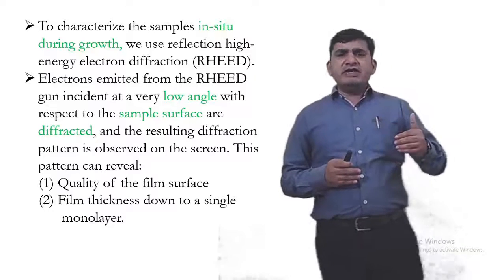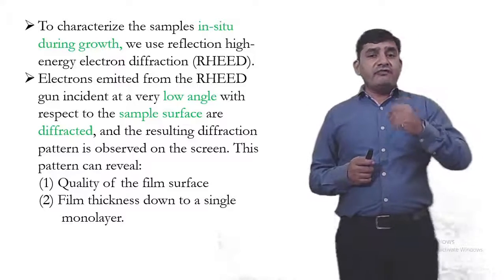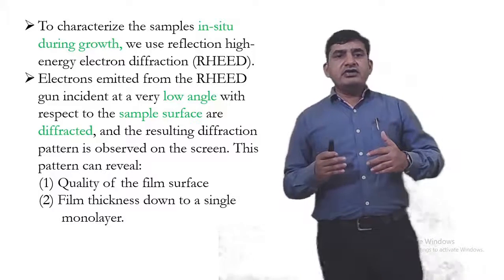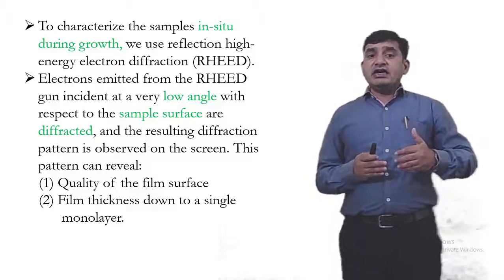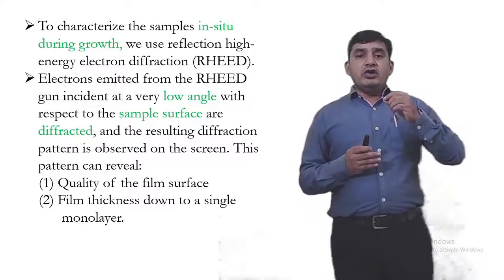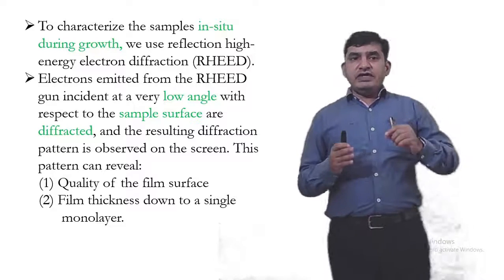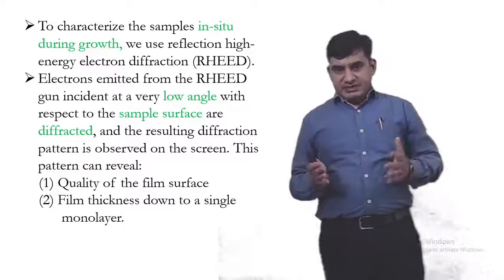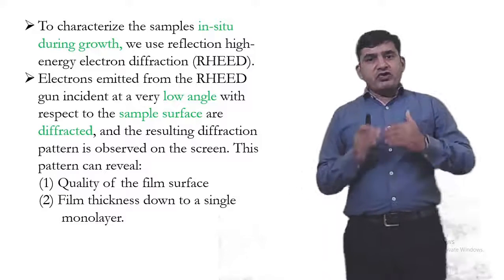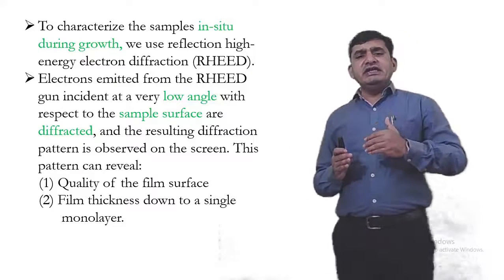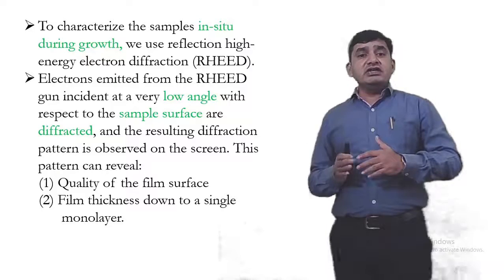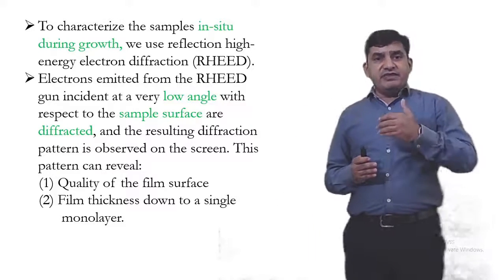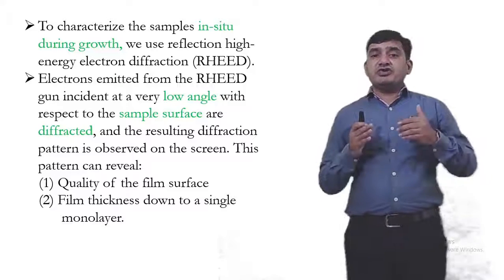The electrons emitted from the RHEED gun are incident at a very low angle with respect to the sample surface and get diffracted. The resulting diffraction pattern is observed on a screen.